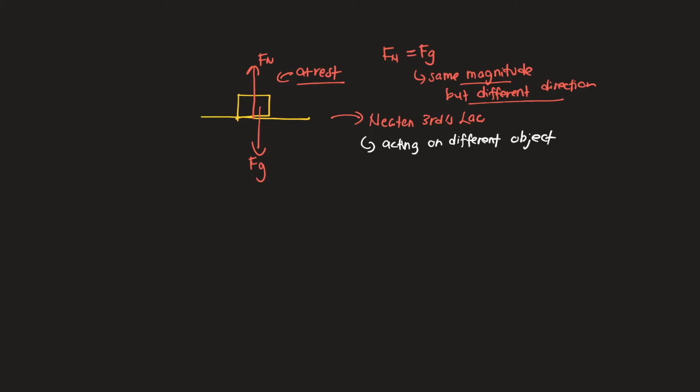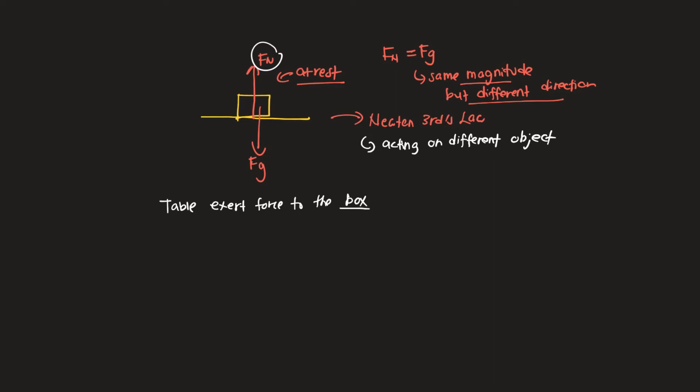Okay, example. I'm going to put it in a sentence to show why this situation doesn't apply the concept of Newton's third law. The normal force is a contact force, which means the table exerts force to the box.